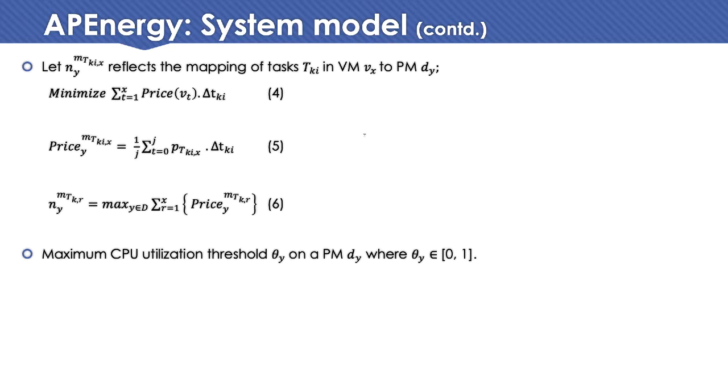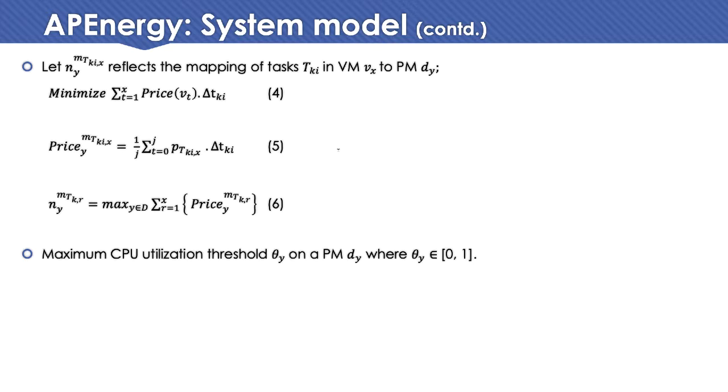The primary optimization objectives are to, number one, minimize the cost price of executing the task in the workflow. Number two, maximize the utilization of physical machine D of I by placing the optimal number of virtual machines determined by the AP of the tasks.